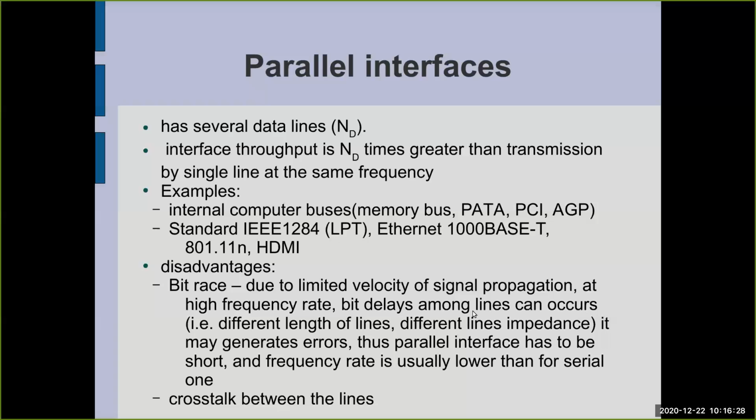So you can see that for external parallel interfaces, we are able to send data at, let's say, up to 2 megabits per second. If we want to increase this frequency, external interfaces can't do it.